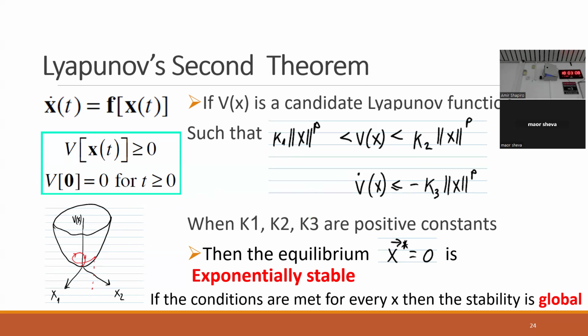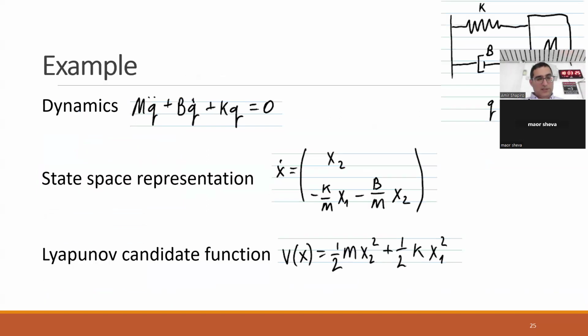And if all those conditions are met for every x, then the exponential stability is also global exponential stability.